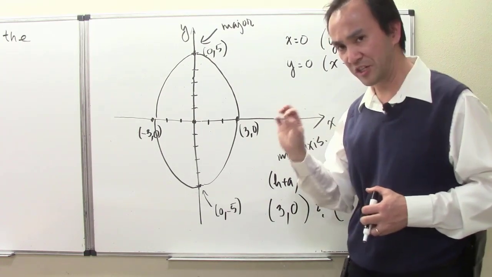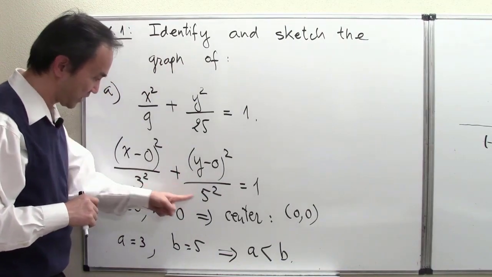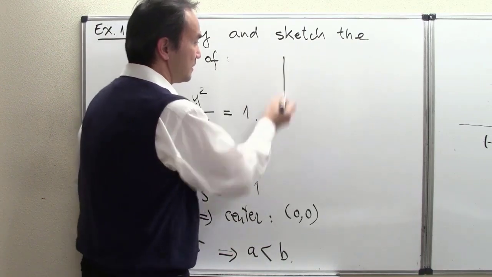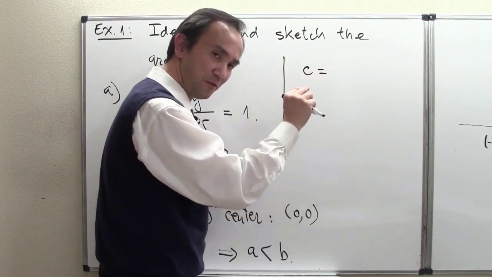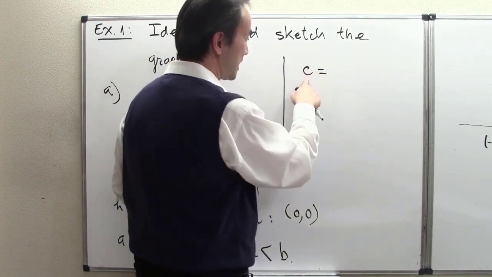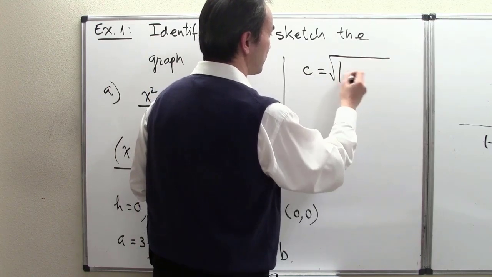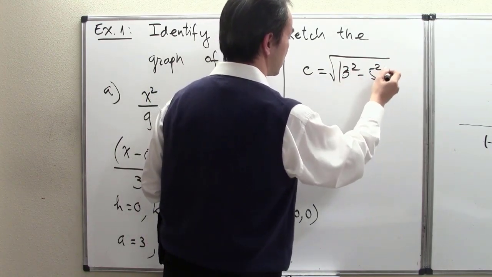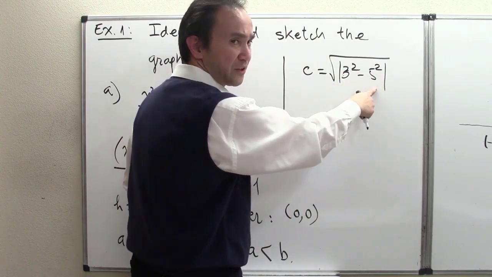To be more precise, with this equation, a equals 3 and b equals 5, let's put down the foci. So we need a value c, being the square root of the absolute value of 3 squared minus 5 squared. 3 squared is 9, 5 squared is 25.